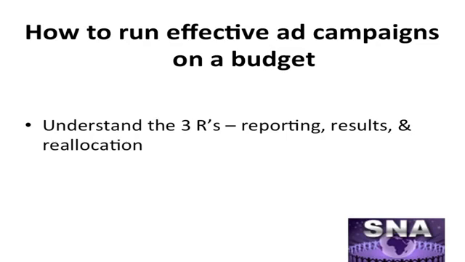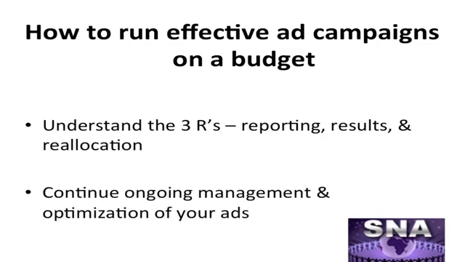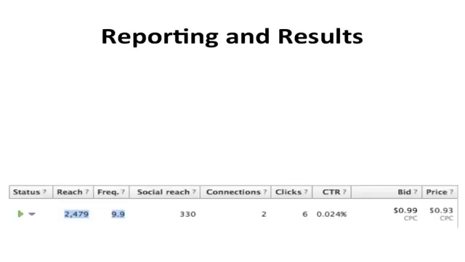Although you might put a limit on there, depending on what time zone or when it's set up, it could run into the next day and start spending money on your ad without you even noticing it. So it is ongoing management: keep tweaking your ads, keep improving the results, and keep reallocating the budget money into the best ads to make sure you're getting the best value for your buck.